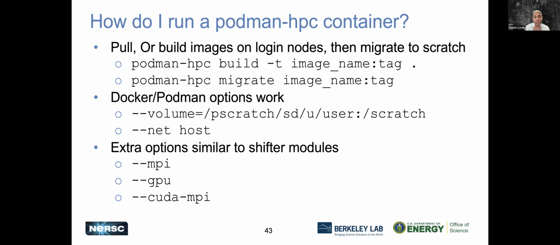And different options that you can use for Docker and Podman, again, are specifying that volume on your Scratch directory as well. And then you have other extra options again for different modules that you may want to use if you're going to use MPI or GPU specifics, or if you need CUDA-enabled MPI as well.